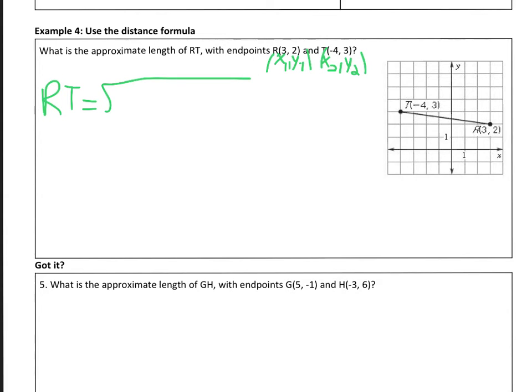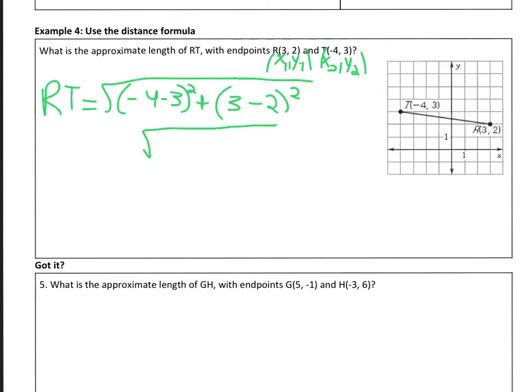If I'm going to do x2 minus x1, that means -4 minus 3 squared. And then y2 minus y1, that would be 3 minus 2 squared. And then I work on simplifying that.